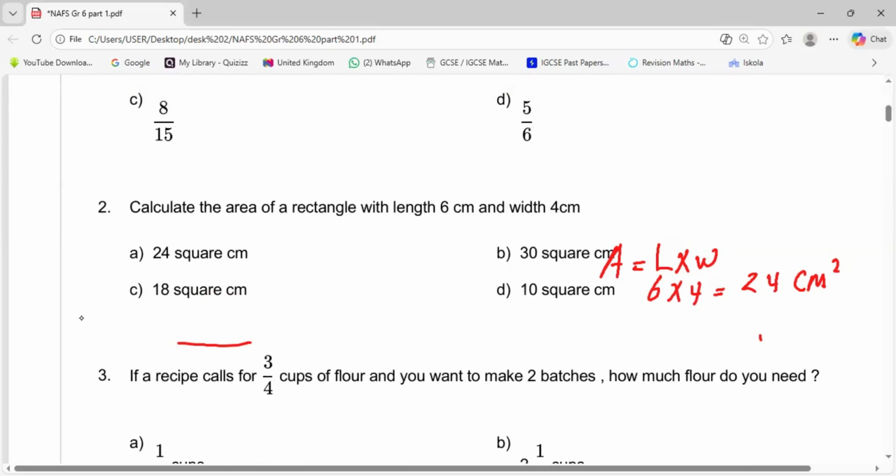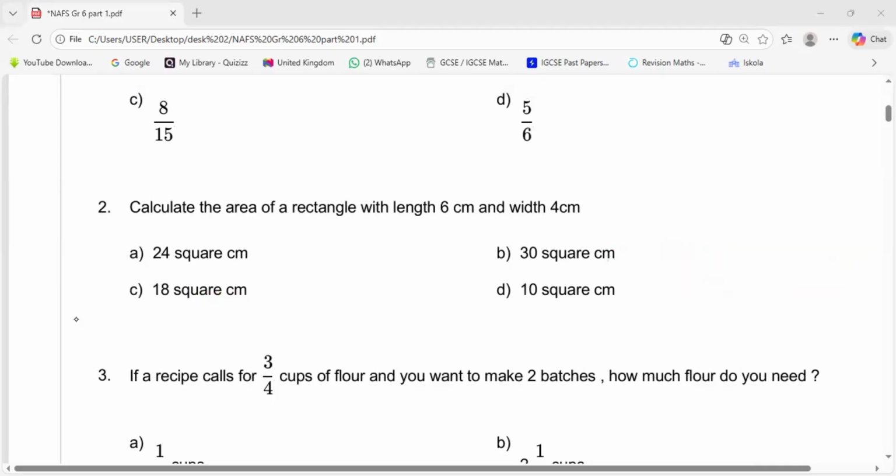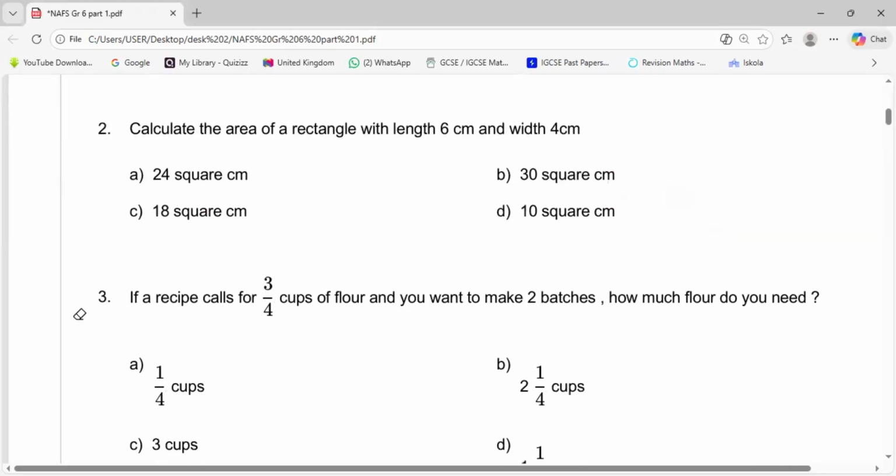If a recipe calls for 3/4 cup of flour and you want to make 2 batches, how much flour do you need? Here we have 3/4, multiply or divide? One recipe needs 3/4, and 2 recipes need 3/4 plus 3/4.